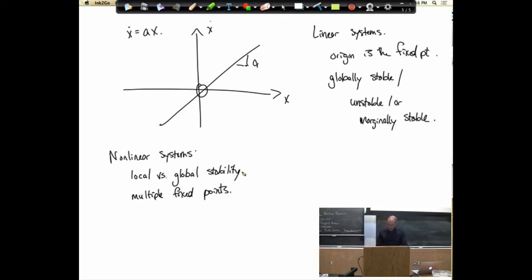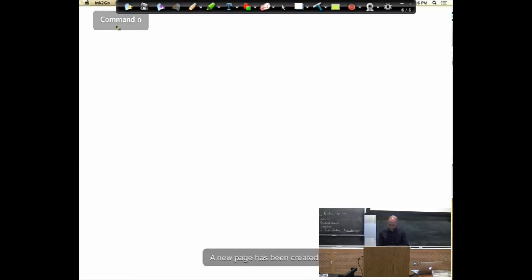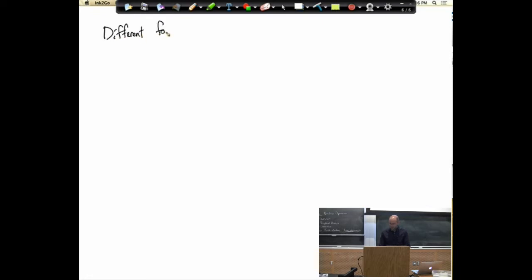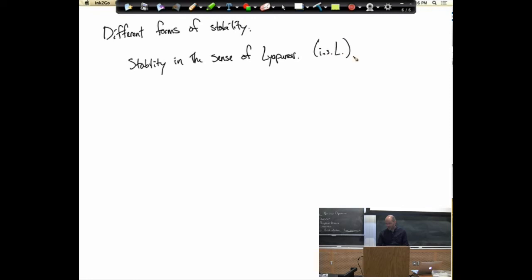Okay, so one type of stability is stability in the sense of Lyapunov, which is often abbreviated ISL.